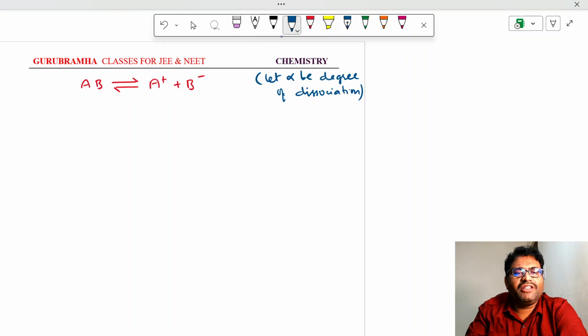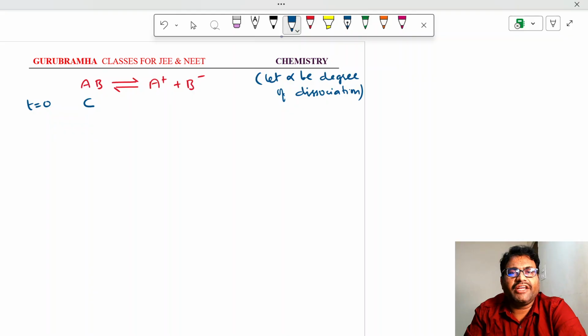And let C be the concentration of AB, the binary weak electrolyte, at time 0, that means the reaction has not yet started. That means there will be no A plus and no B minus.